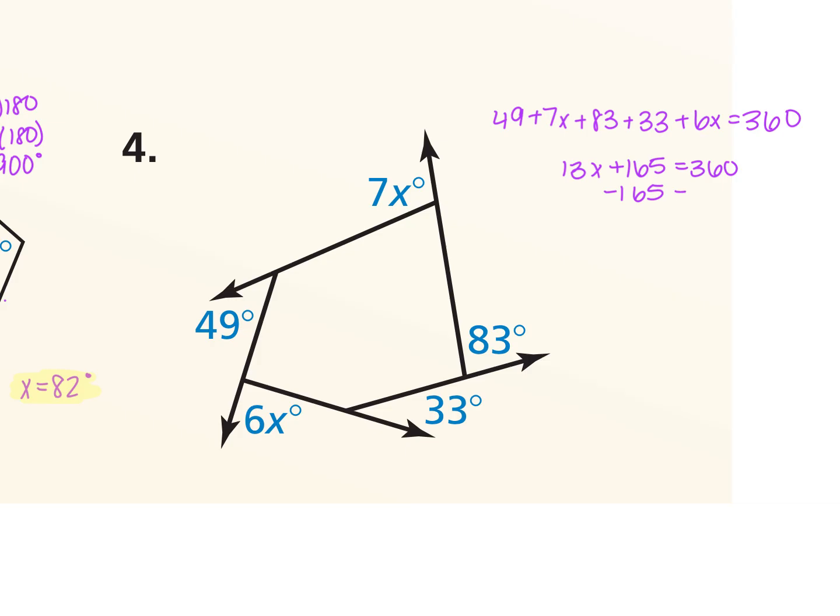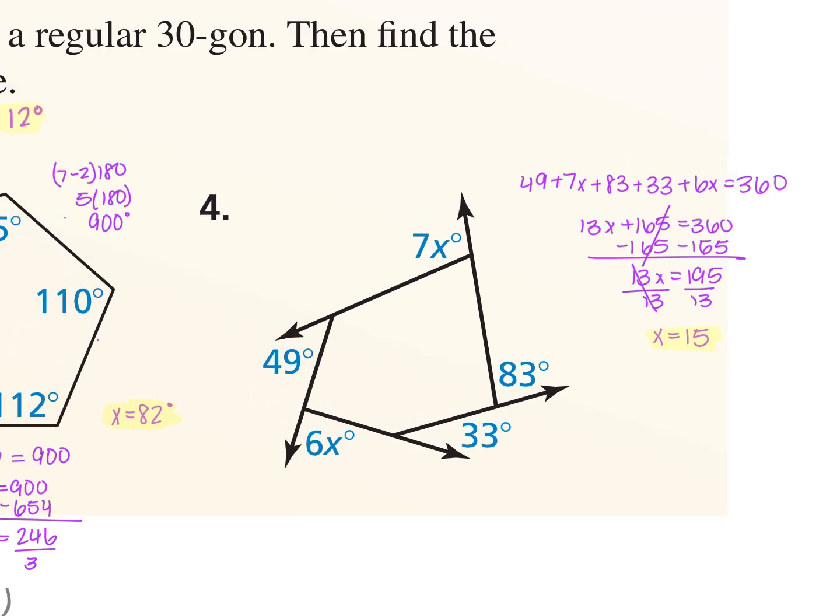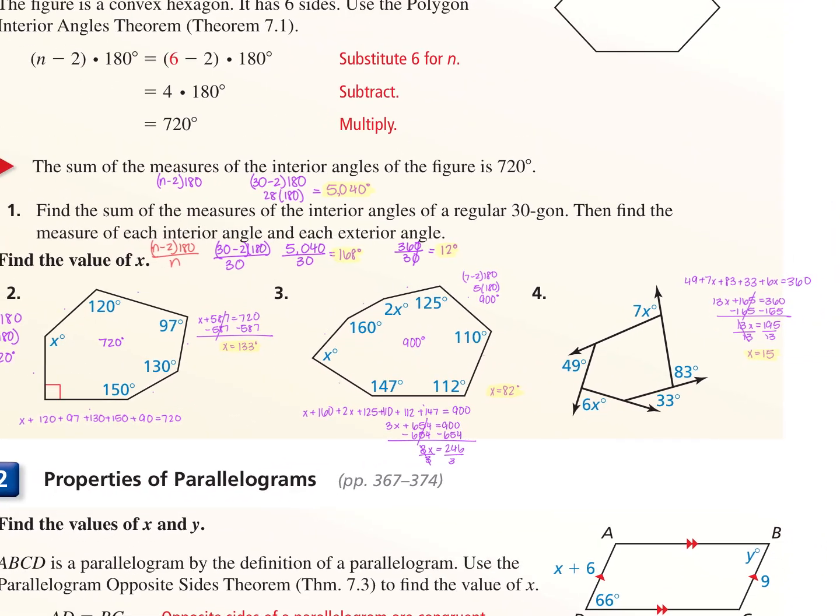Subtract 165. 13x equals 195. Divide by 13. x equals 15. Okay, that's for 7-1.